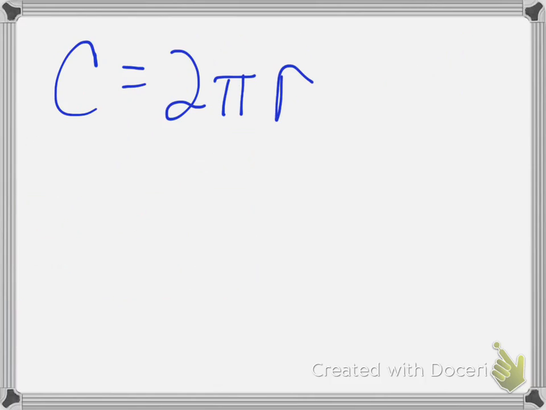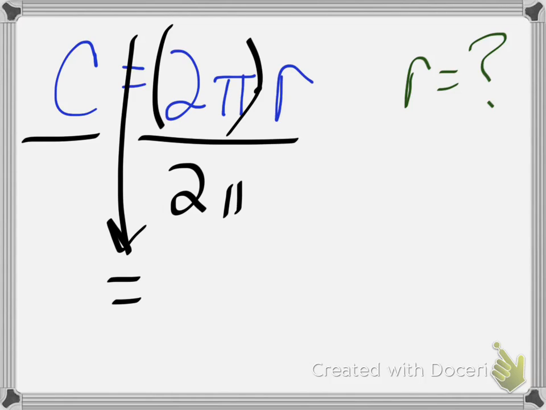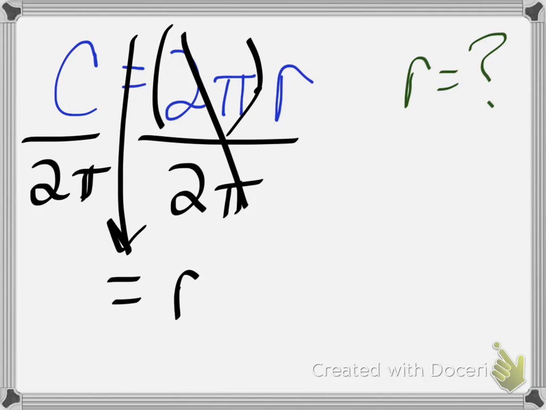So let's do another one. Here's circumference equals 2 pi r. What if we wanted to solve for r? Well, you figure out what operation is going on. It's multiplication, and you're multiplying 2 pi. So we're going to divide. Put down my equal sign. Divide by 2 pi. And we end up getting r is equal to C divided by 2 pi.